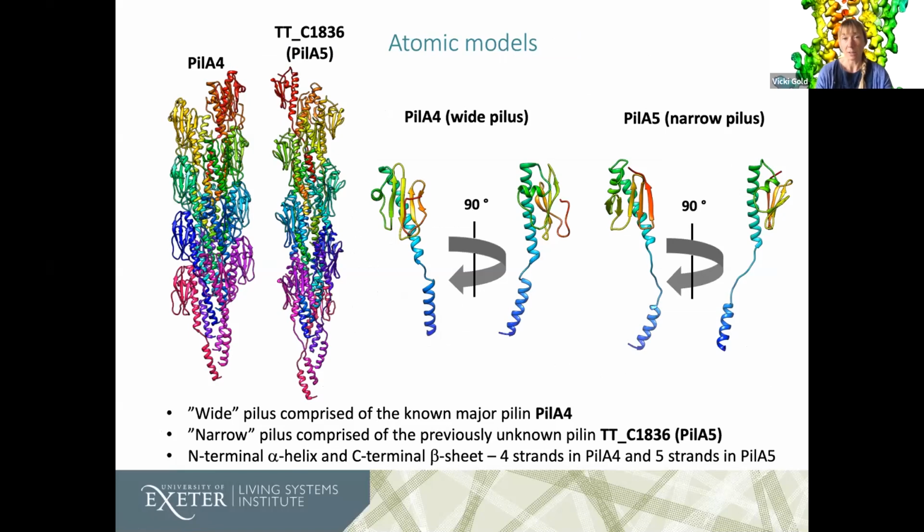You can see this unfolded stretch again more clearly in the atomic models, and a couple of other structural features which I'll point out. So in the beta strands, for pili 4, there are 4 strands, whereas for pili 5, there are 5. And they also have different interaction partners in the filament.